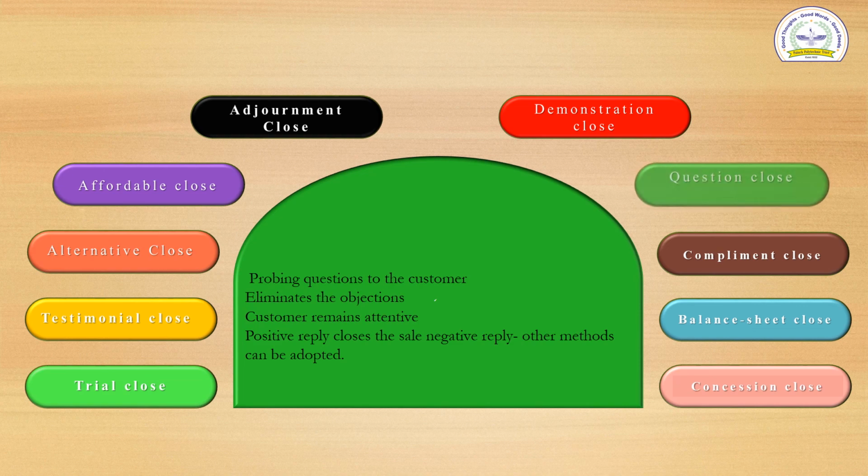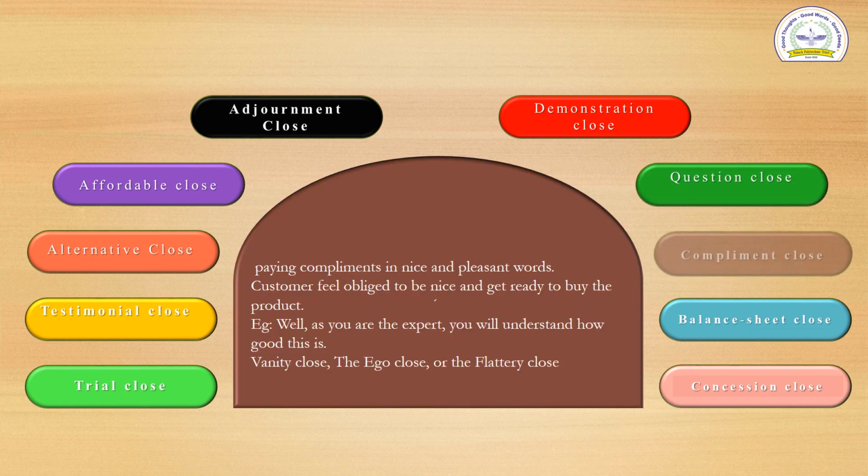So next is the compliment close. Under this method, a skillful salesperson flatters the customers by paying compliments in nice and pleasant words. It satisfies their ego and they are prepared to listen to the proposal of the salesperson.